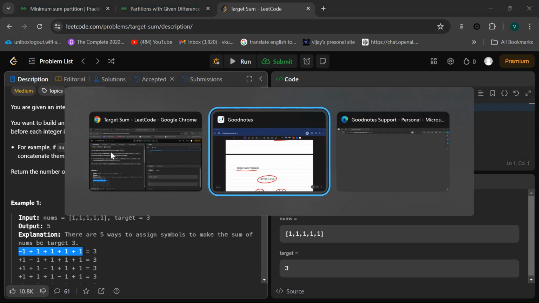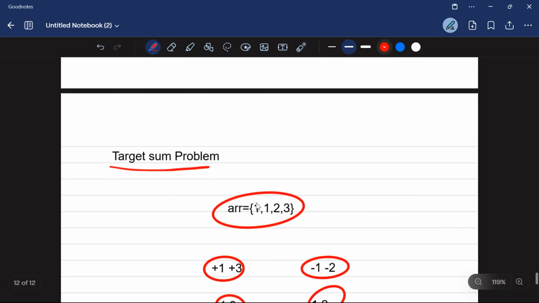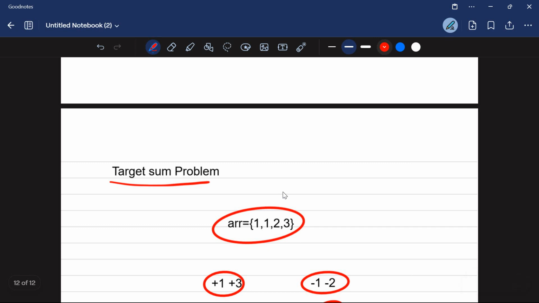Let's go to the next. So let's go to the small problem. Take a small example: 1 1 2 3.